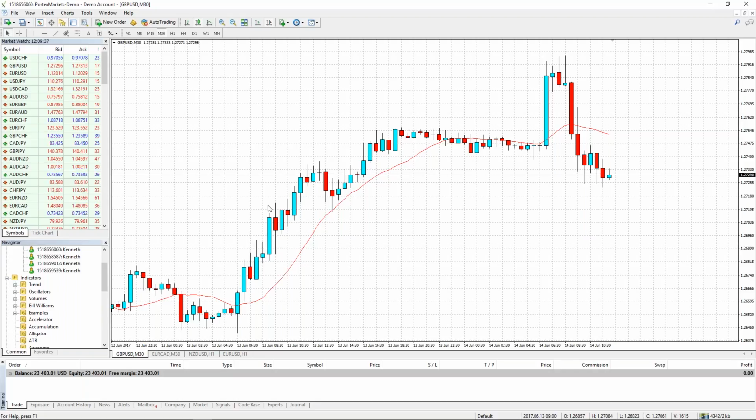But what it's basically saying in that blue candle there is the price of that, in this case cable, has gone from the opening price, which is at the bottom of that main blue section, and it's closed at the top of that main blue section. So therefore we're seeing a bullish move. So buyers have come in, pushed the price higher, and it's closed at a higher price within that 30-minute period.